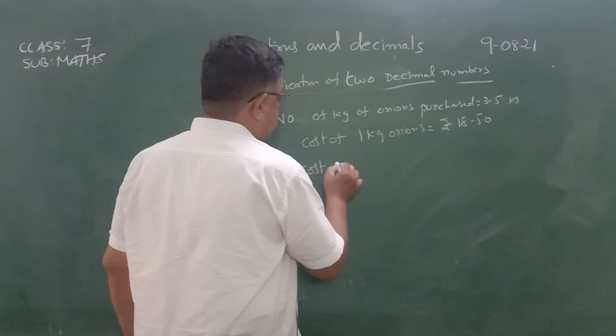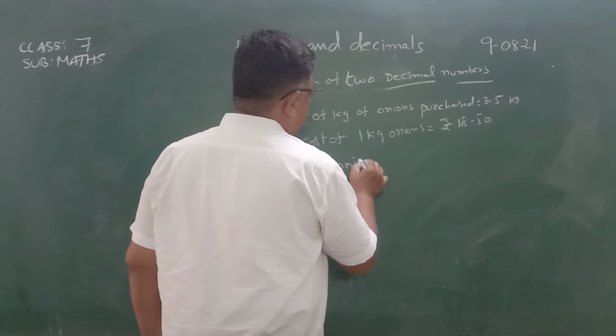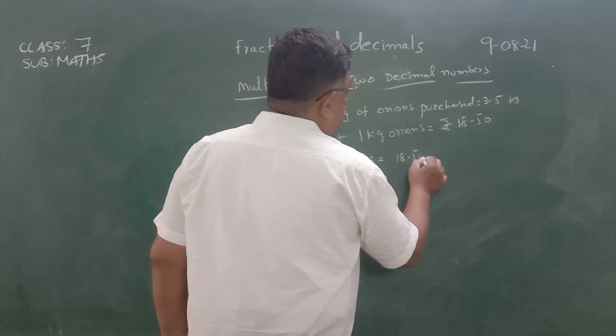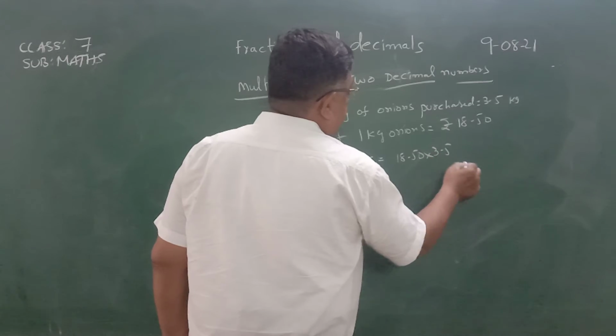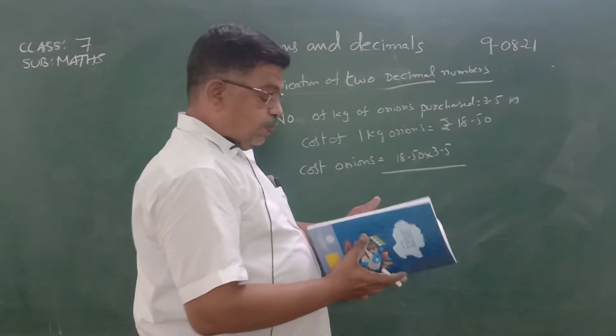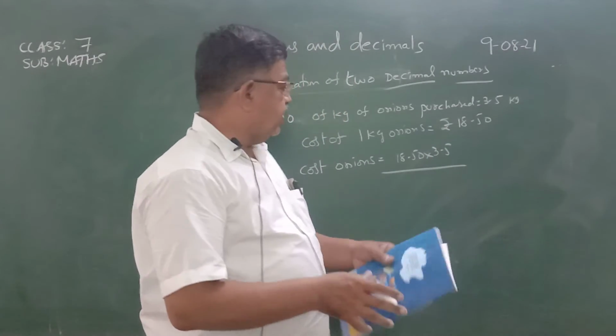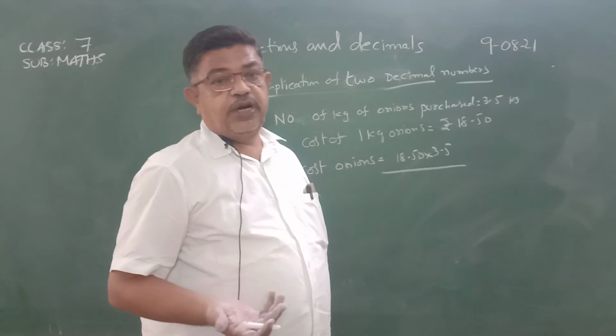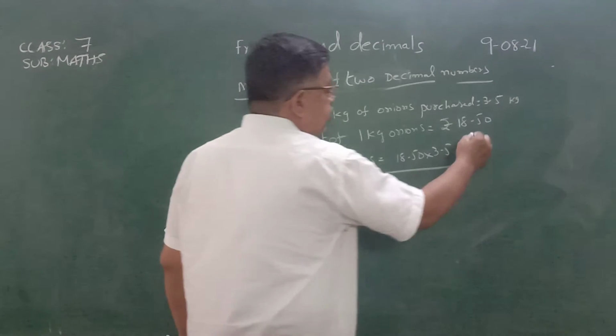Cost of onions is equal to 18.50 multiplied by 3.5. As I said, you can write them in fraction form and do multiplication, or directly we can multiply.